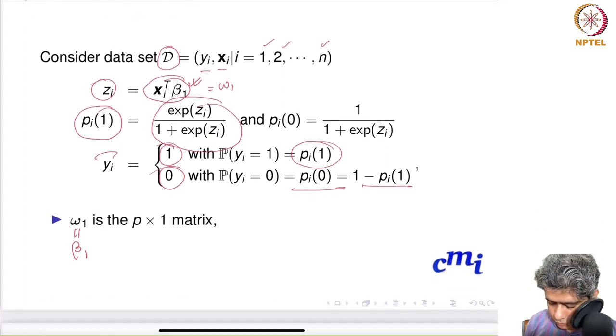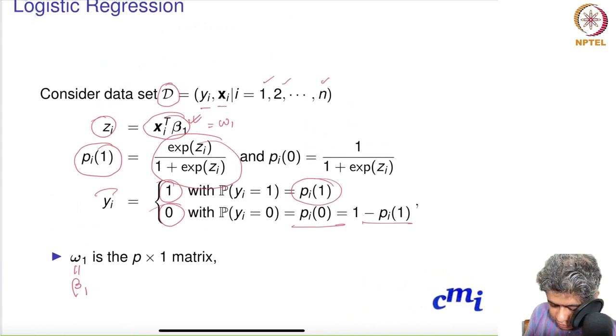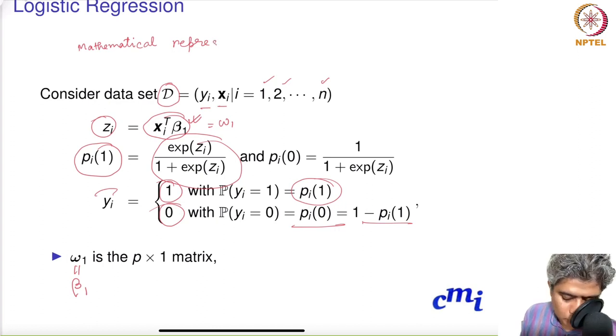So this is the mathematical representation of logistic regression.